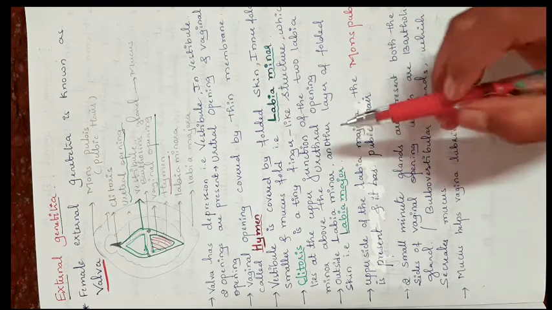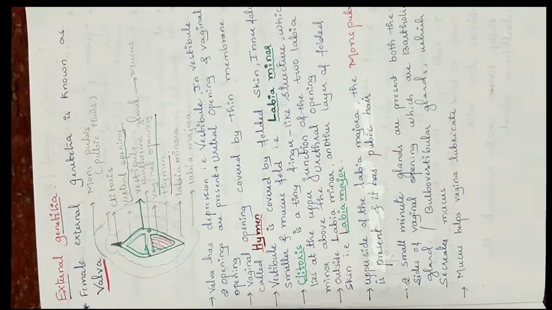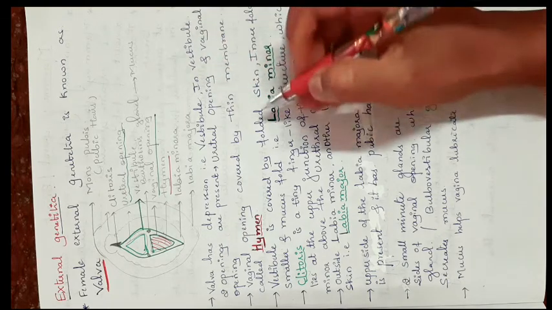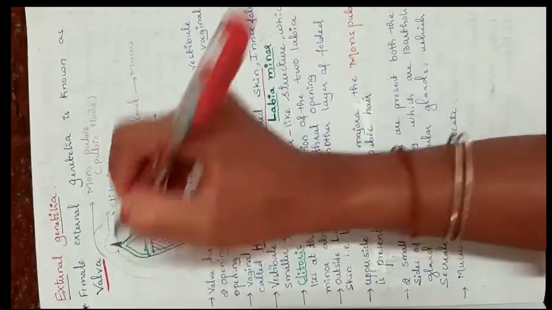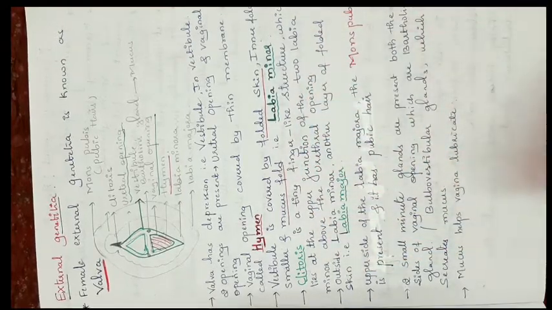Next point, the vestibule is covered by folds of skin. The vestibule, the vulva depression, is covered by two layers of folded skin. The inner fold is smaller, a mucous fold. The fold just after the vestibule wall, which surrounds the vestibule, is very small and thin, and it is mucus producing skin.